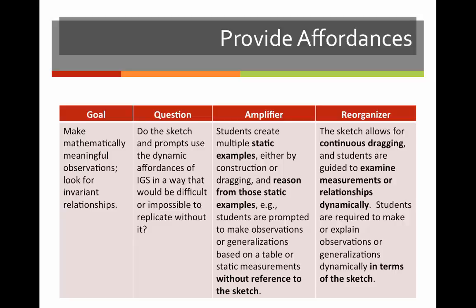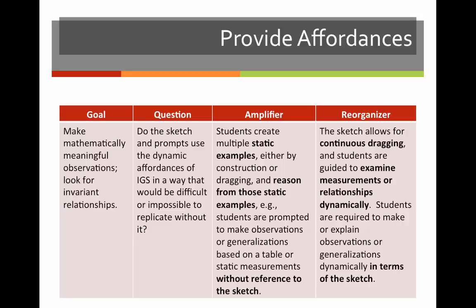So again, the goal here, make mathematically meaningful observations. The question that you might ask as a teacher is, did the sketch and prompts use the dynamic affordances of IGS in a way that would be difficult or impossible to replicate without it? And the key here is the dynamic. All right, so as an amplifier, students might be led to create a number of static examples and then perhaps record them in a table.